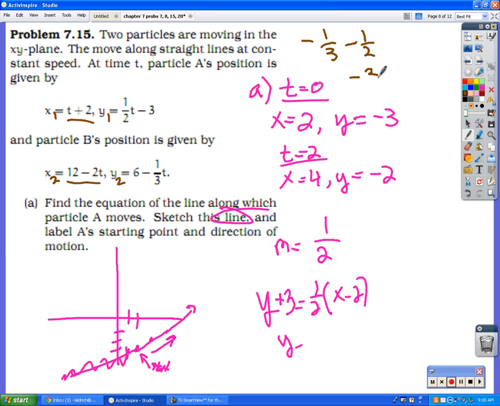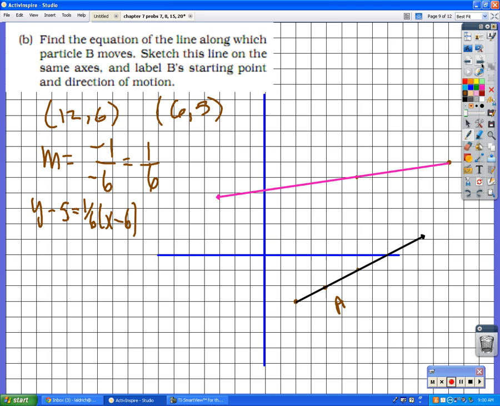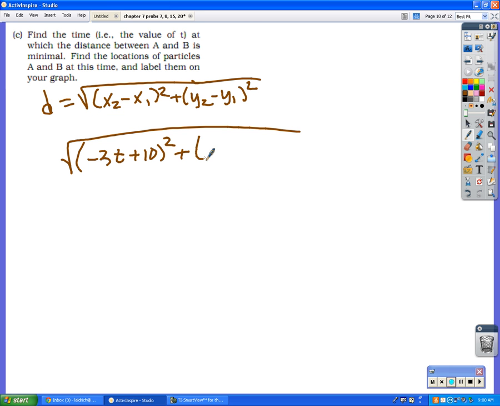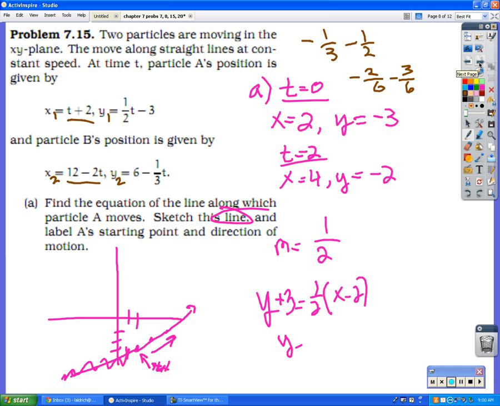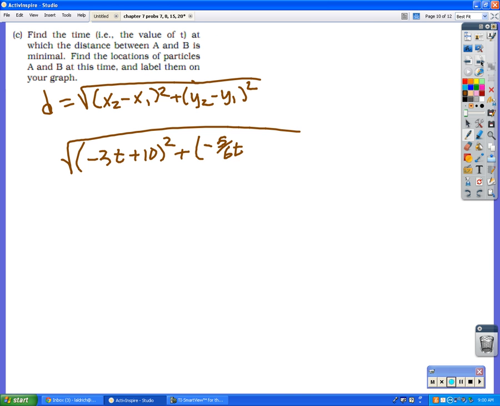This is going to be negative 2/6 minus 3/6. So actually negative 5/6. You are adding them instead of subtracting. Okay, so it's going to be negative 5/6t. And then I have to go, I'm doing y2 minus y1, so 6 minus negative 3 is 9. All right? So there's the distance between those 2 points.